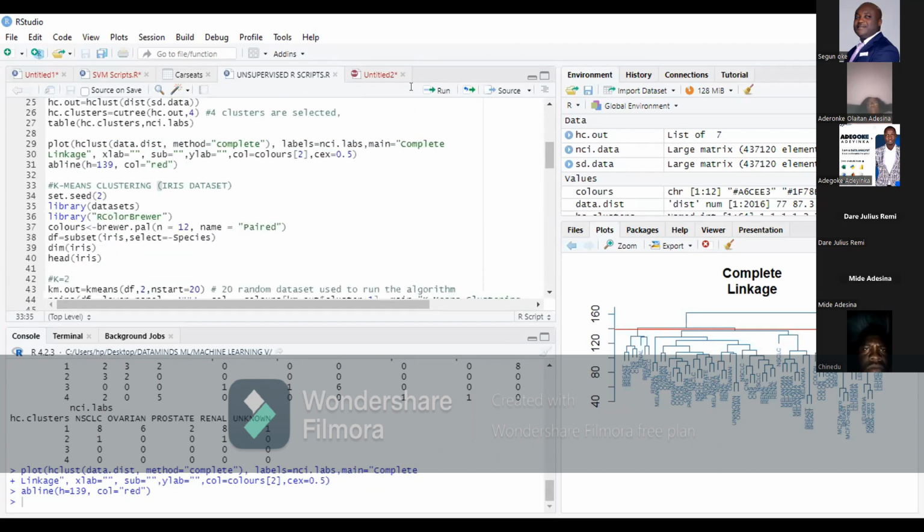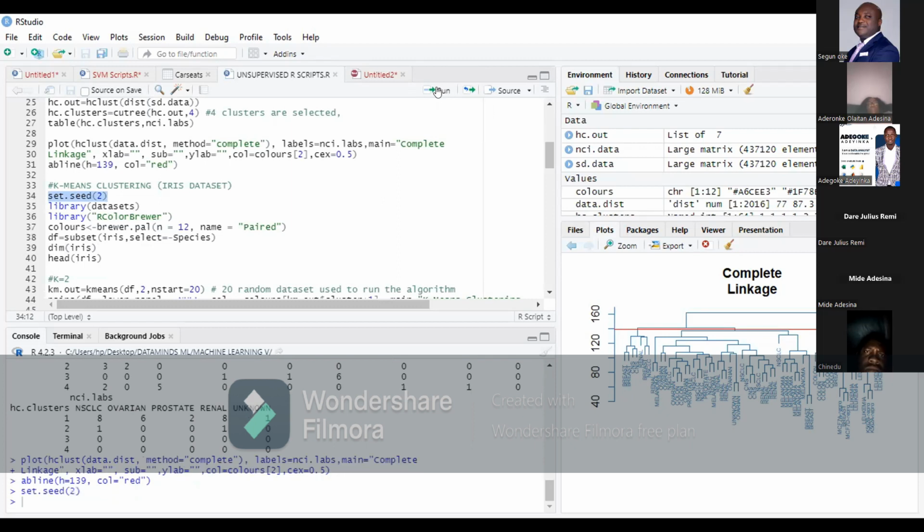Now, we go to the k-means clustering using the NCI data set. Just like we always do, we have our set seed. Set seed helps us, should we need to replicate this analysis, to give us the same result. That's why we use set seed.